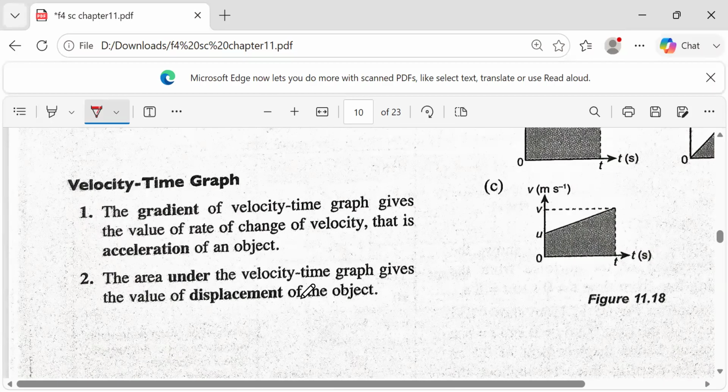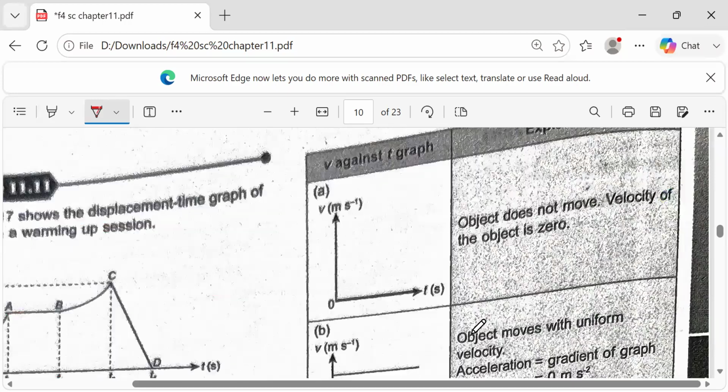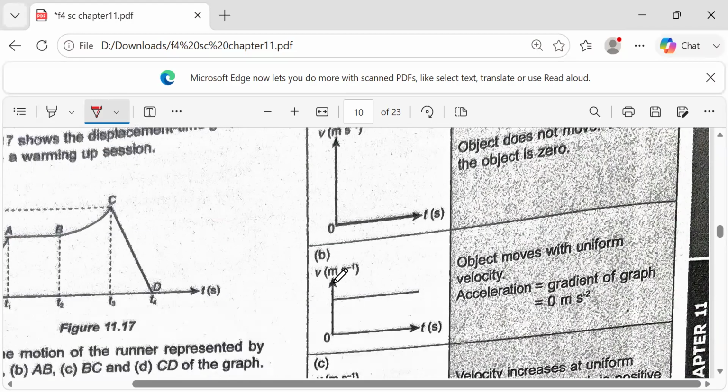Okay, last one. Velocity time graph. The gradient of the velocity time graph gives the value of the rate of change of velocity, that is acceleration. So this is what we did just now. Here, there's no movement. So velocity is 0. This one 如果它是一个平线，有动吗？有动。This is velocity, not distance.